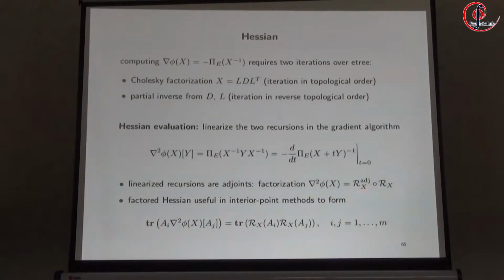the result of this factored Hessian applied to A_i, and the inner product of that matrix with the factored Hessian applied to A_j. So you can do these factorizations and then take the inner products. And that's faster and more stable than computing it using this method.